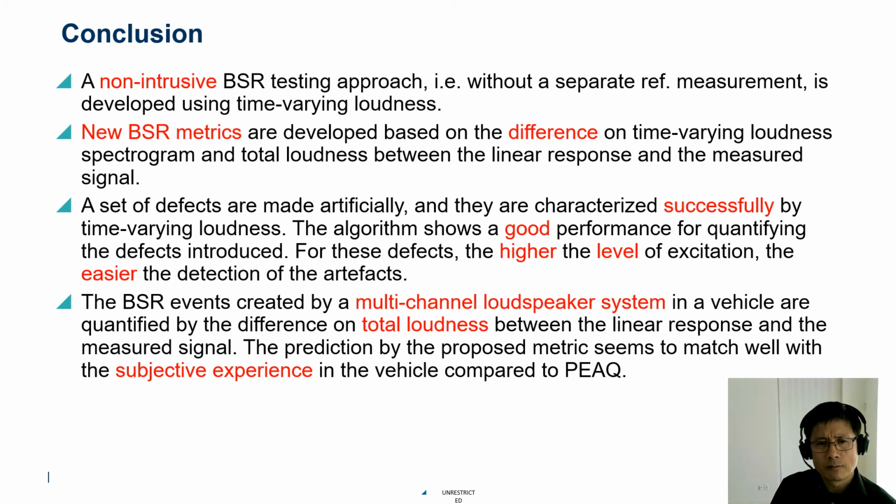A set of artificially generated artifacts is introduced, and they could be characterized quite well with the proposed metric. And naturally, of course, a high level of excitation gives rise to a better and easier way of detecting the artifacts.